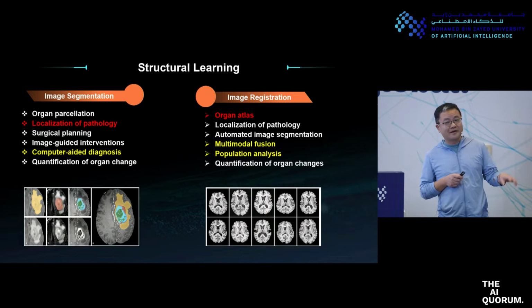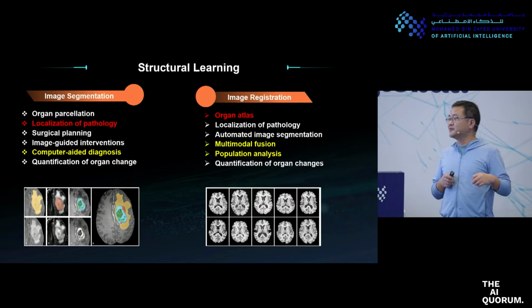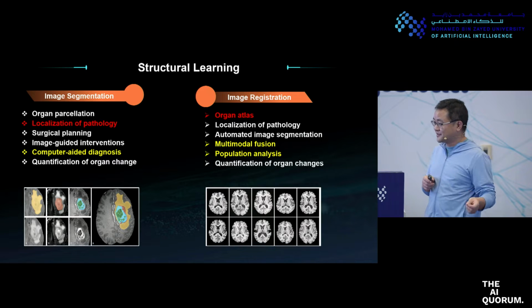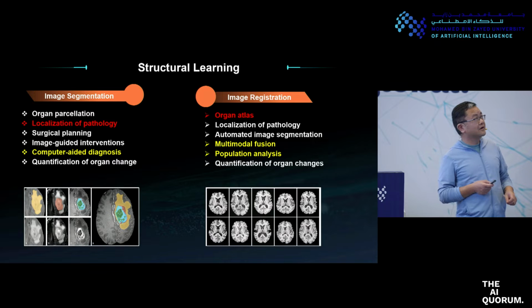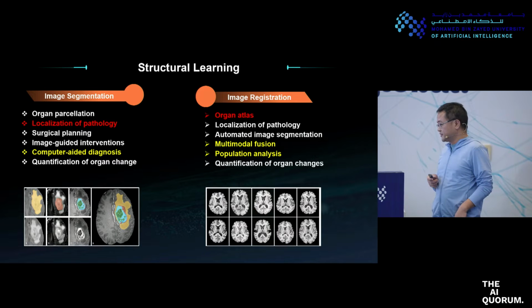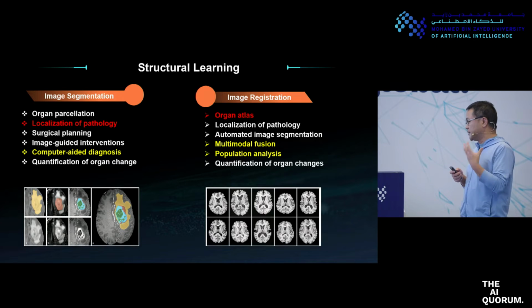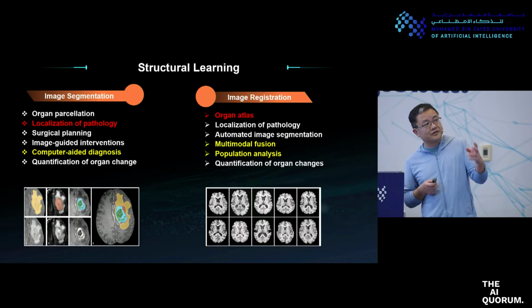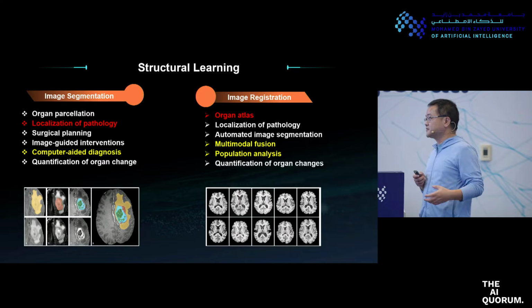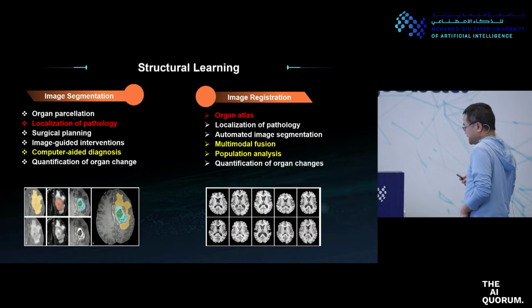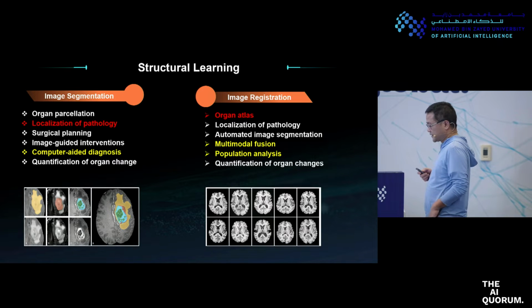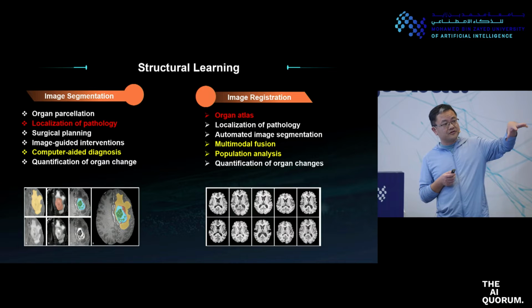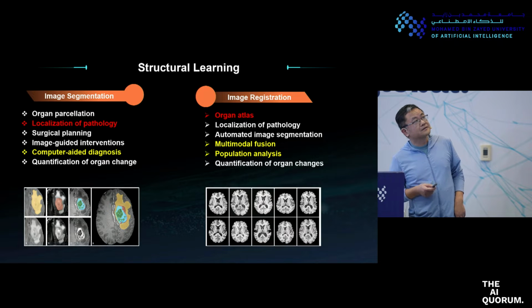In practice, we pay the bills when we go to hospital to receive the service, in particular to localize the pathology, like tumors in the body. For imaging registration, we create atlases to integrate the data across subjects and studies. These are all different major applications in practice.